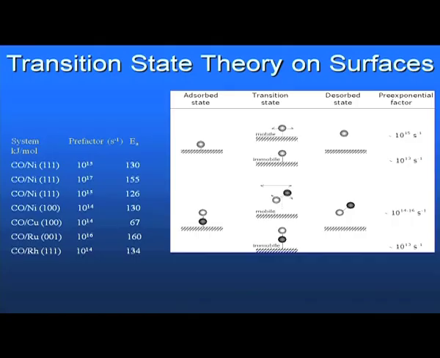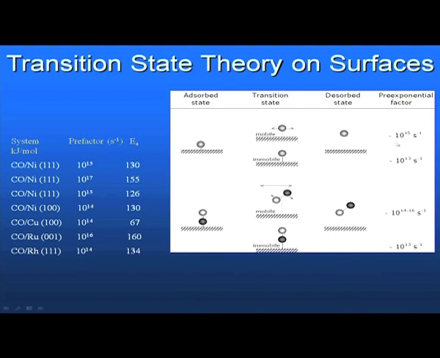If it has mobility, then your entropic term will contribute significantly, and surely give you a higher value. That's why the pre-exponential factor for the mobile transition state case is about 100 times more than where the adsorbed species is immobilized.